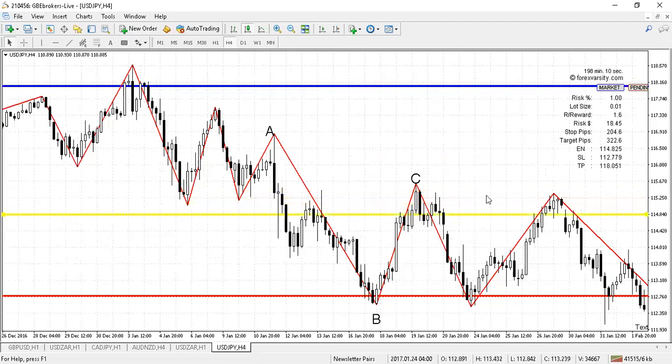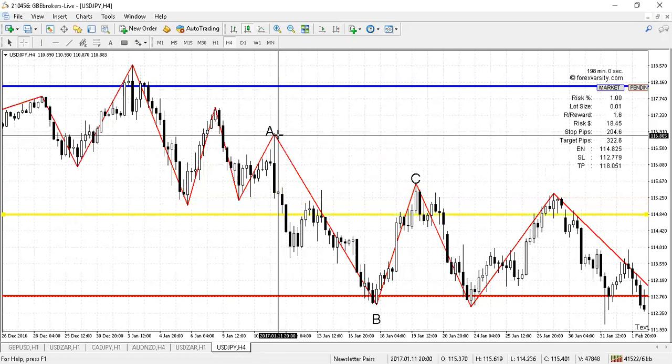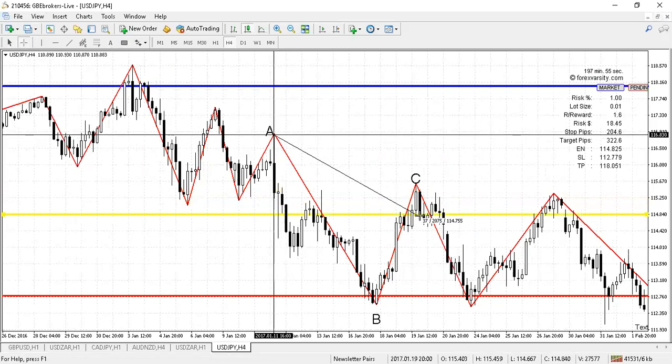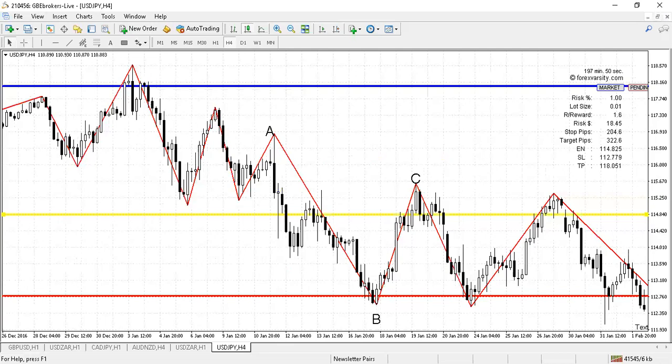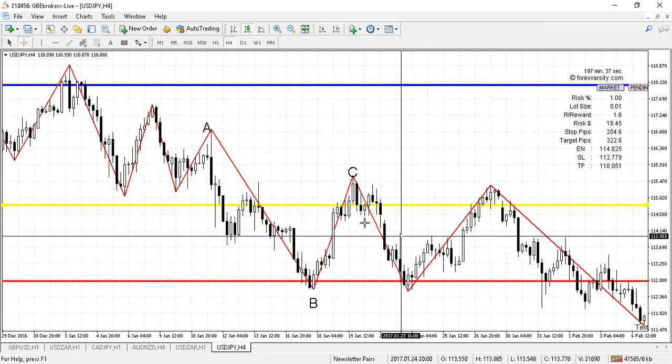Then you would want to measure from A until your entry point. So you get your little crosshair tool, and you measure from the top of A right down to your entry point, which is on this occasion 203 pips. Get your calculator. 203 times 0.4 equals 81. So we put our stop loss 81 pips above our entry point.